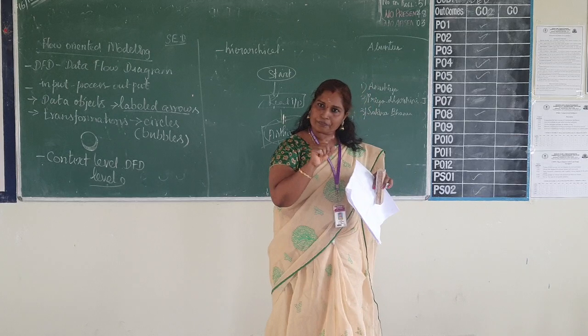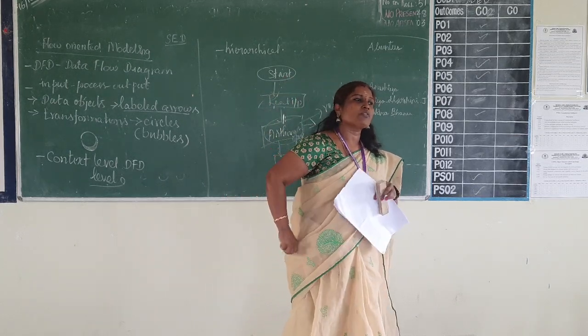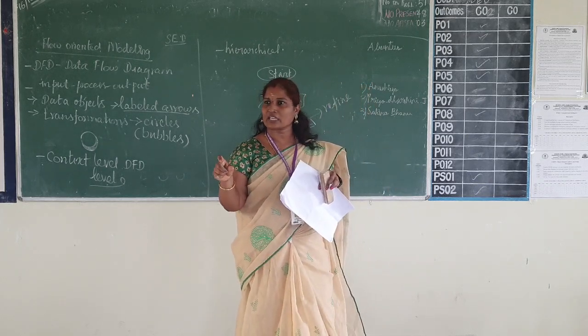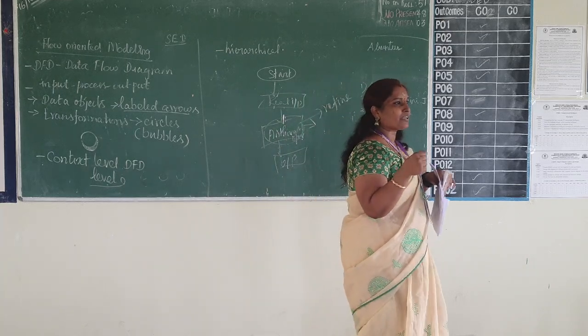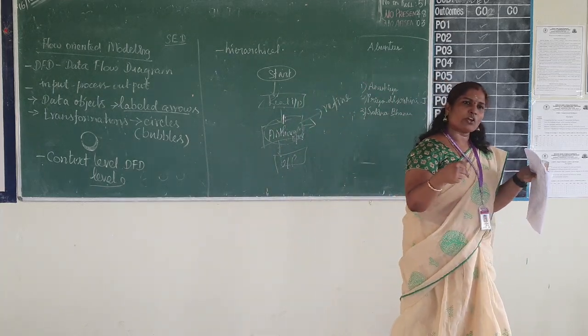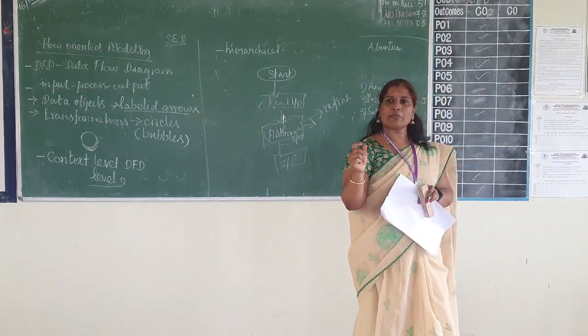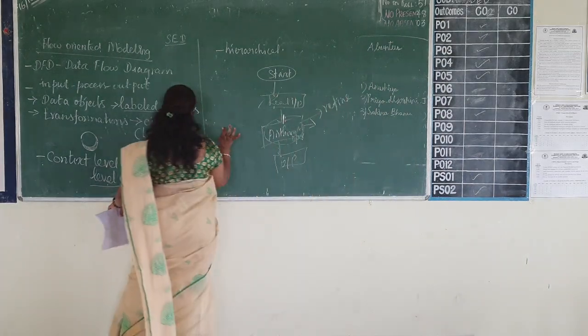Then again you derive that. So till when will I be deriving? Till I am able to write a program for that particular data object. Till that level I will keep on refining it, like you kept on dividing, making it a small entity. When it becomes a small entity, that is done.